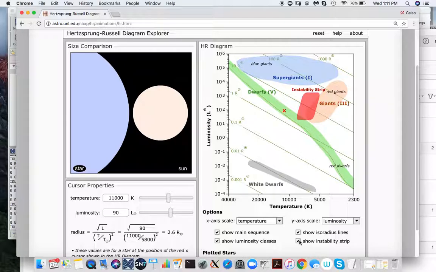And the reason for that was that the variation in luminosity of these variable stars is tightly correlated to their luminosity.